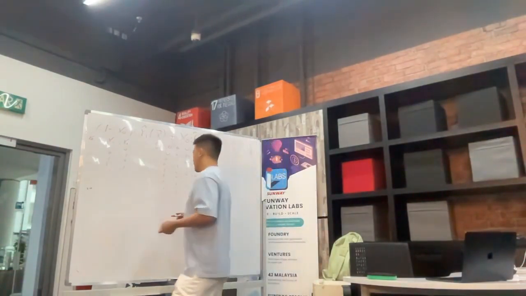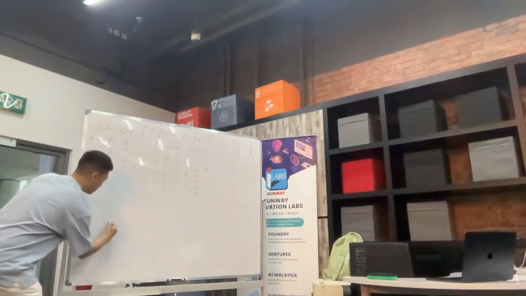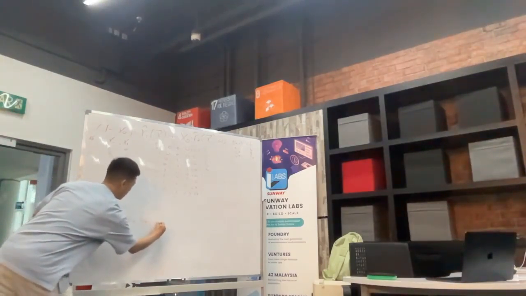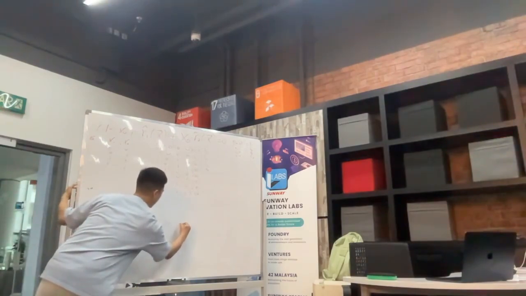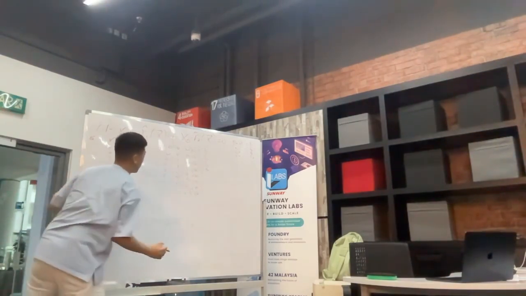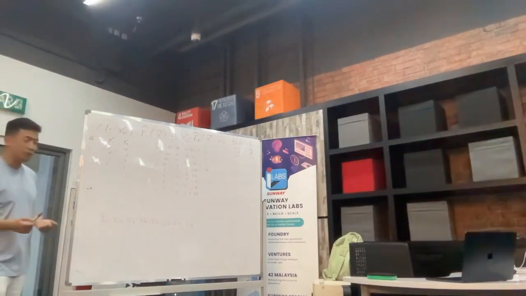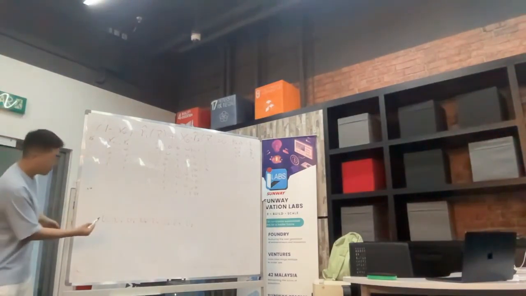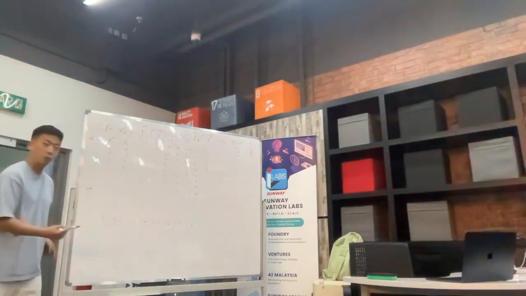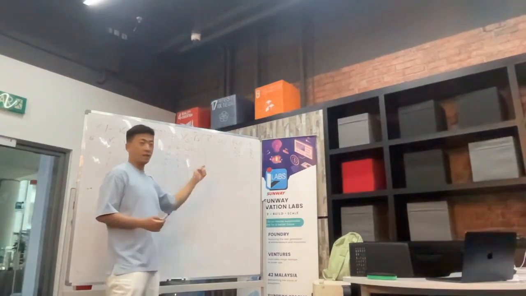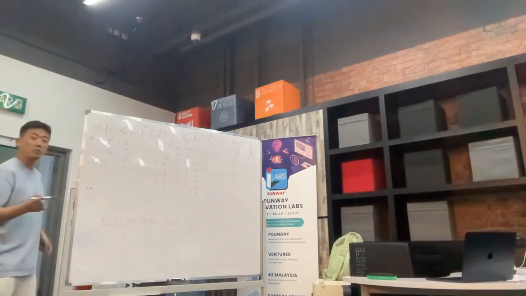And then let's try to draw a line like this. Actually, what we want to do is that v1, v2, v3, v4 is the f value, right?